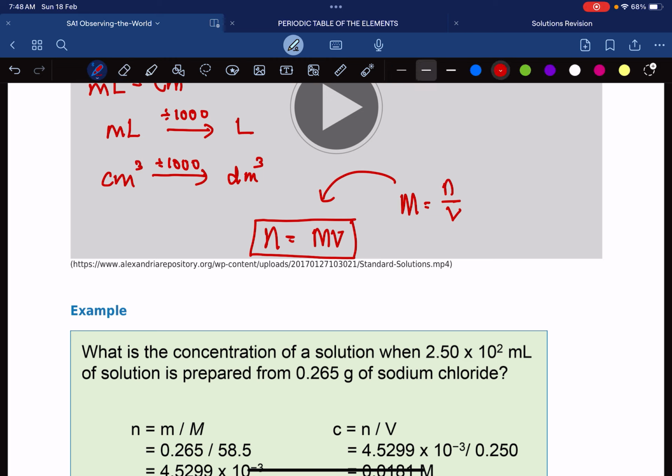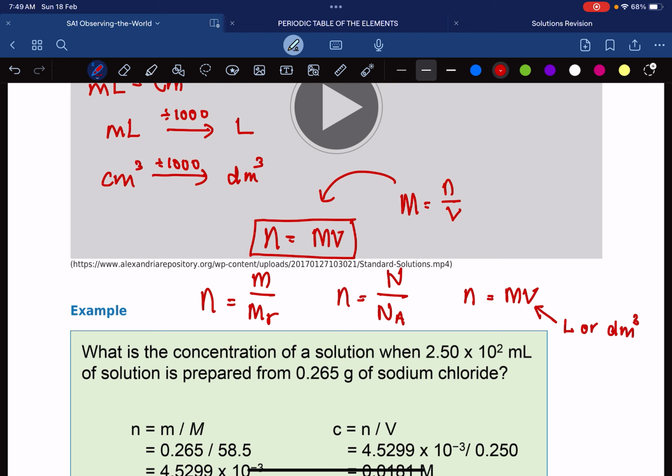The first is mole equals mass over molar mass. Then mole equals number of particles divided by Avogadro's constant. And now moles equals molarity times volume. The only thing to remember is the volume must be in liter or decimeter cube.